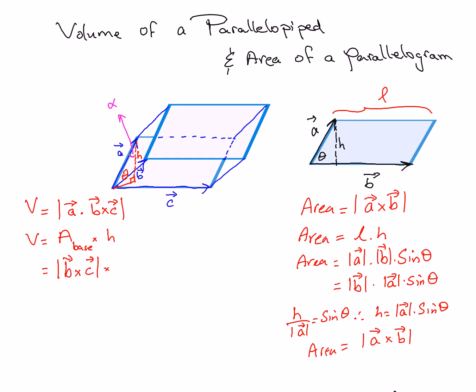So we need to multiply, instead of H, by the magnitude of A, which is absolute A, times the cosine of the angle alpha shown above. So alpha is the angle between the vectors or the sides of magnitude A and the height H.